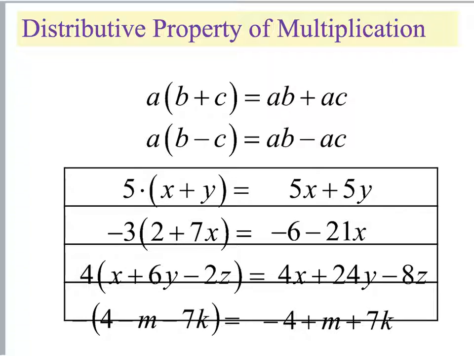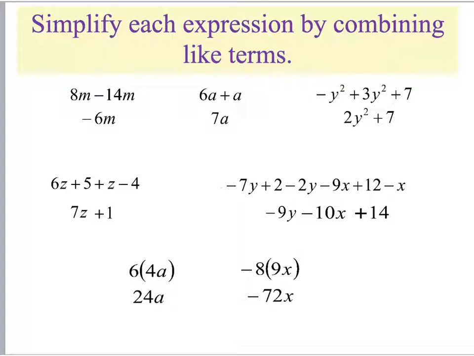A negative 1 times negative m is going to give us a positive m. And a negative 1 times negative 7k is going to give us a positive 7k. So that's how we got those signs swapped in front of our answer, which is negative 4 plus m plus 7k.